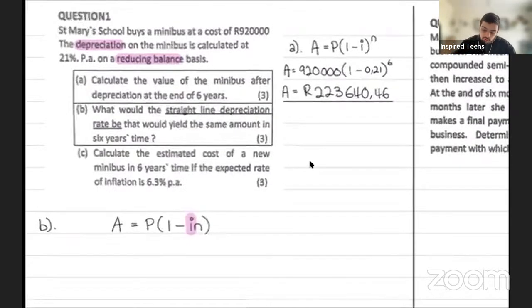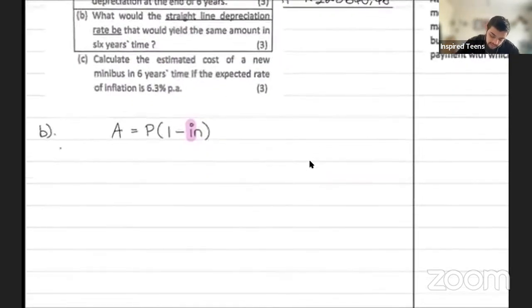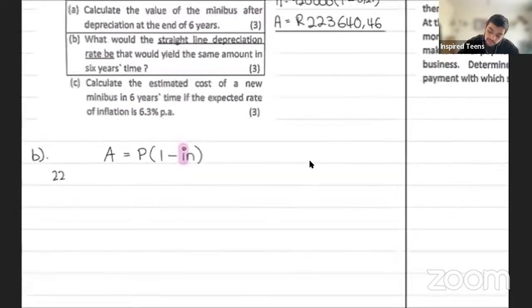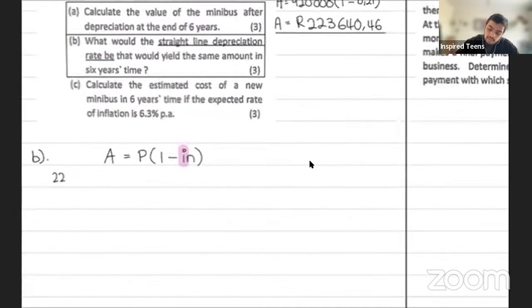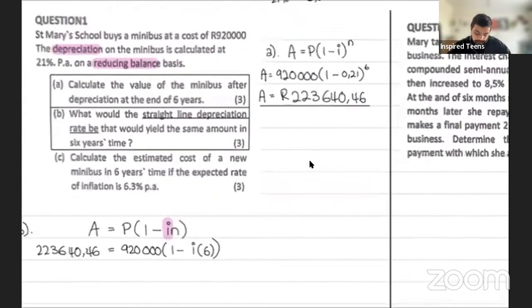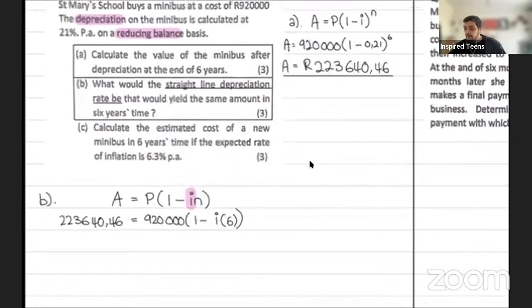So afterwards they want the amount to be the same as what it depreciated to with the compound interest: 223,640.46. That's our after. After depreciation, they want it to be equal to that amount, and we're going to calculate I. The principal value is still the same, 920,000. 1 minus I is what we want to calculate, and it's the same time frame, so 6 years. All of this is still the same.